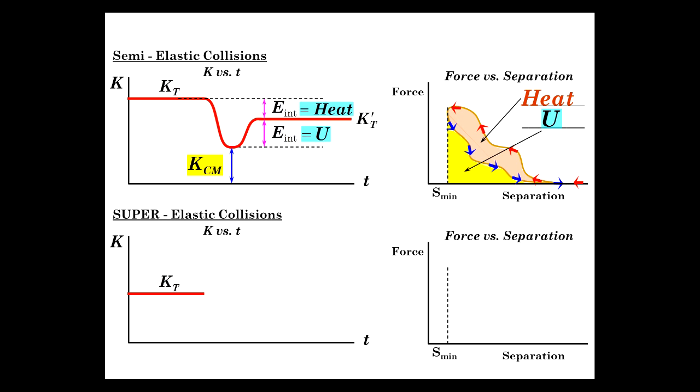So here's the total kinetic energy of the inbound cart, say. And then there's an interaction where some of the kinetic energy is lost, but then it gains, and it gains even more than it had in the first place. So in the final situation, you have more kinetic energy than you started out with. Is that violating the principles of physics?